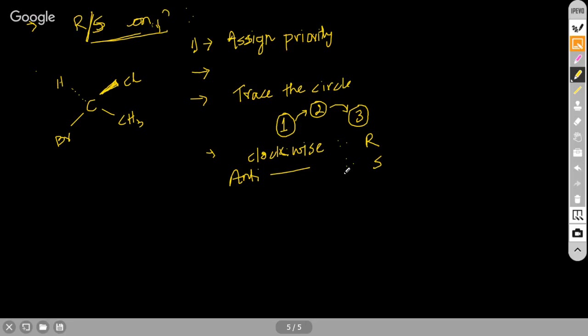If it is clockwise, configuration is R. Anti-clockwise configuration is S.